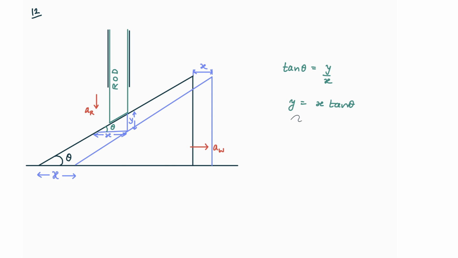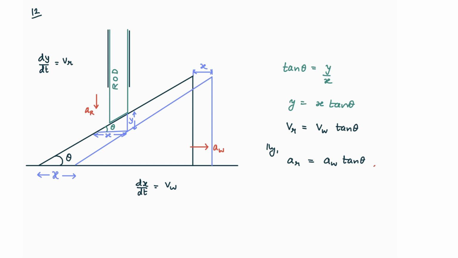So if we differentiate with respect to time, dy by dt is the velocity of the rod, and dx by dt is the velocity of the wedge. So the velocity of the rod is equal to the velocity of the wedge times tan theta, and similarly, on differentiating again, the acceleration of the rod is equal to the acceleration of the wedge times tan theta.